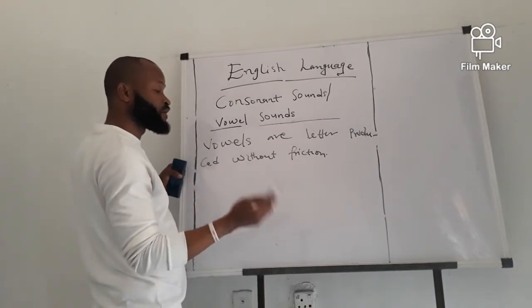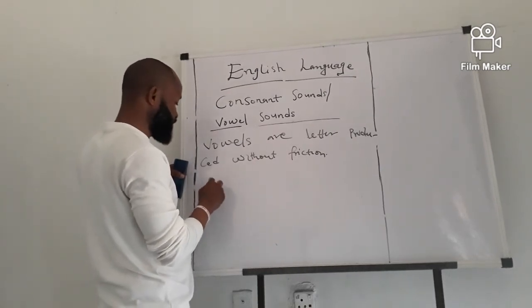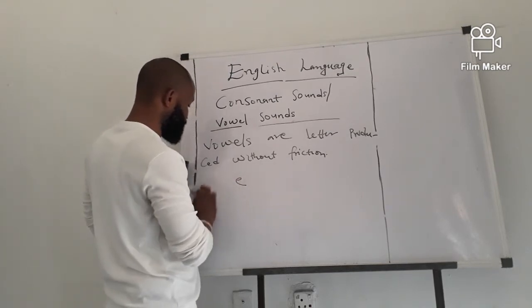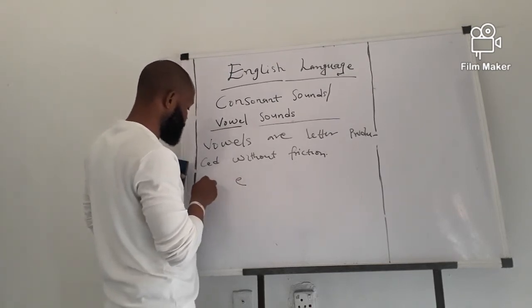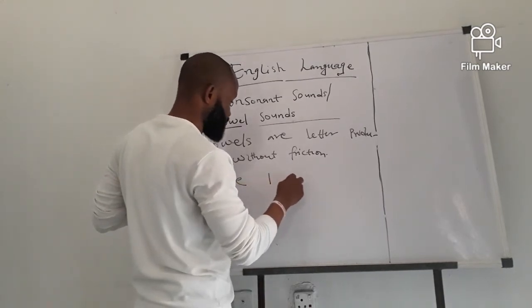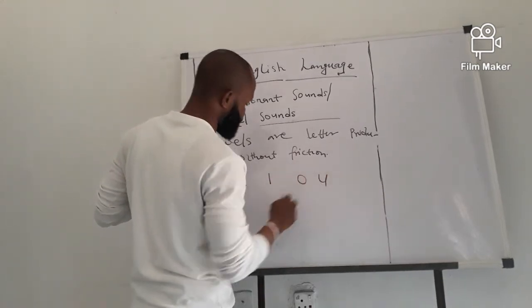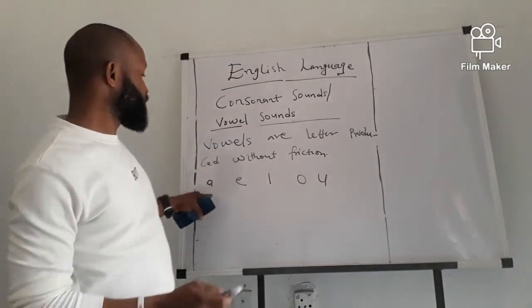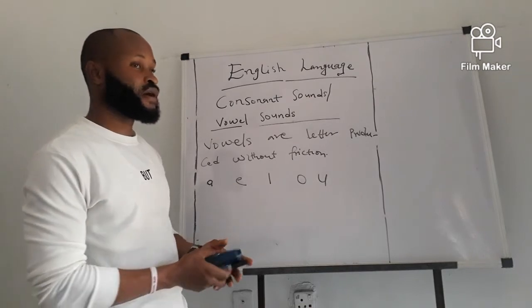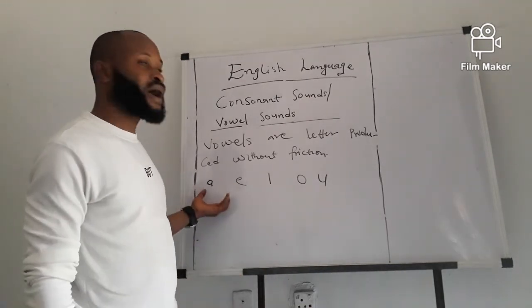And what do we mean by vowels? The vowel letters are A, E, I, O, U, and how do they sound? You can see how they sound. You sound ah.